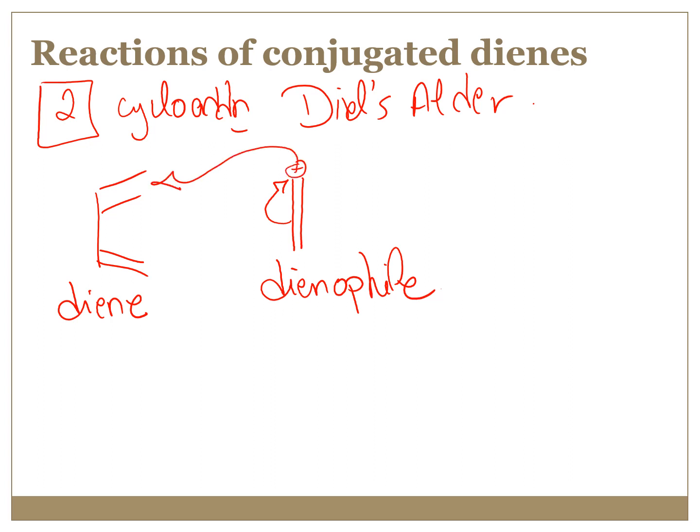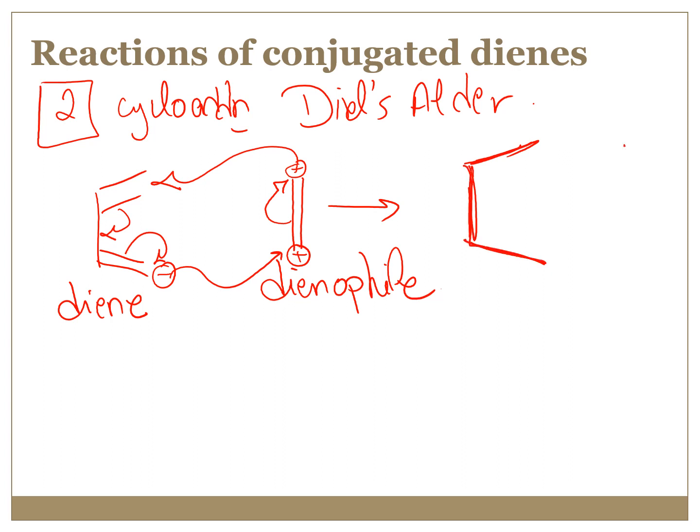It attacks the diene, removing the double bond to this central bond, again opening this bond, putting a negative charge here, which will attack the positive charge. The final product is like that. You have already this. These are the 4 carbons of your diene.